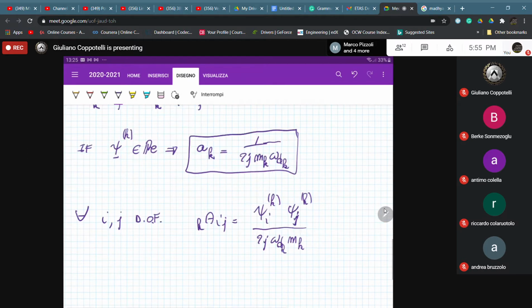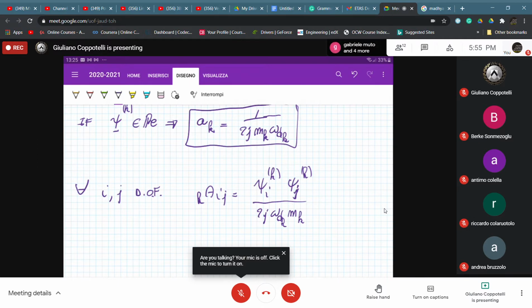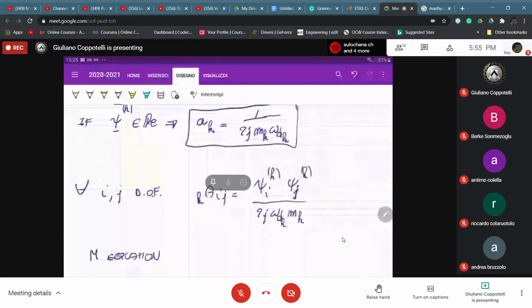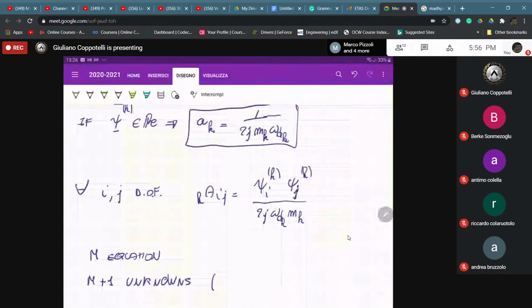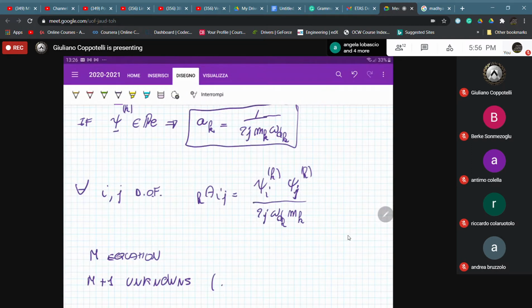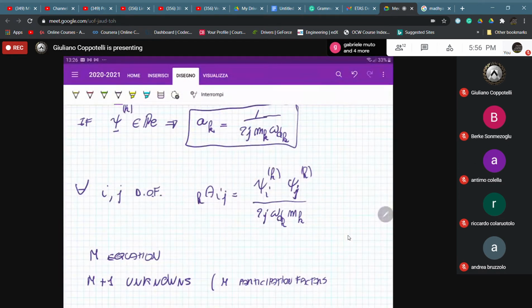Because of that, we are having a number of m equations where m is the number of modes that we are considering, but we are having m plus 1 unknowns. These are given by the m participation factors, that is your mode shapes plus your modal mass.